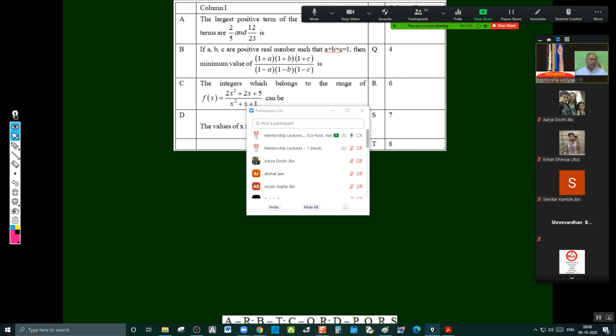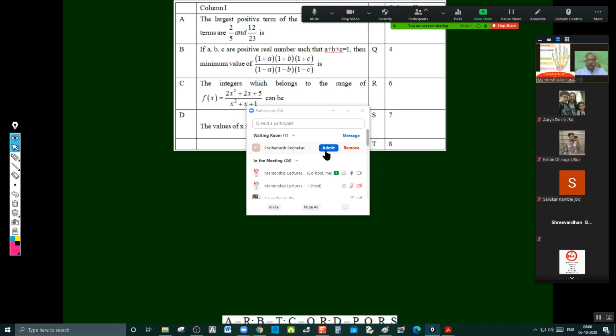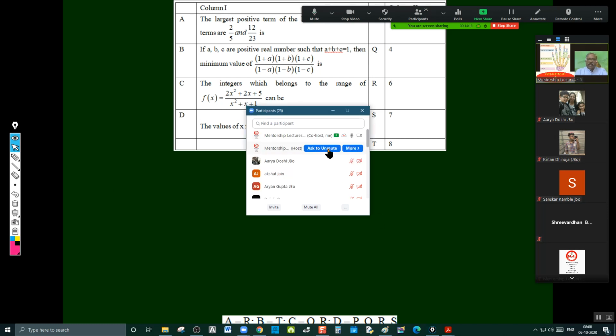See, whenever the minimum value or maximum value comes, you can make use of maxima and minima. How maxima and minima?